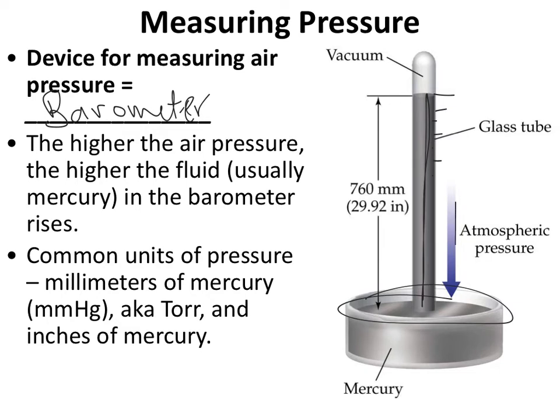As the atmospheric pressure, or the air pressure, pushes down on the bowl of mercury, it's going to cause the mercury in this tube to go up or come down. If it's applying force, we're going to see more mercury in the tube, causing it to rise up, showing us there's more pressure. This is one of the reasons why the common unit for air pressure is millimeters of mercury. We also call this torr.